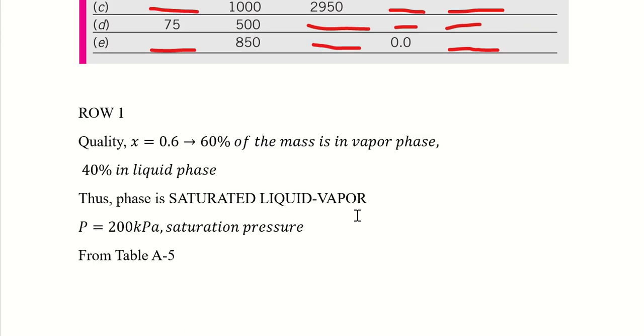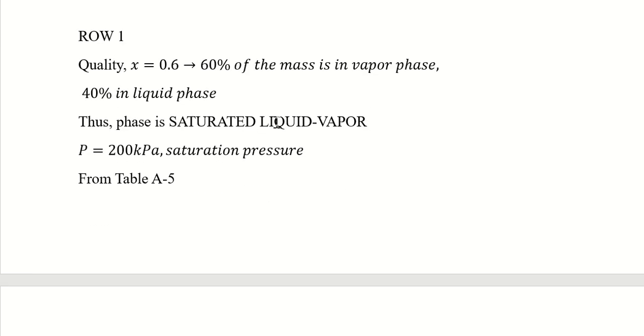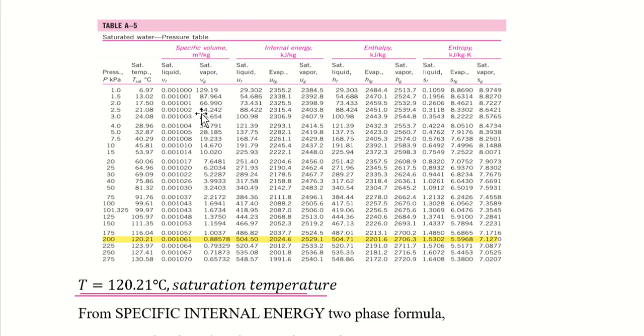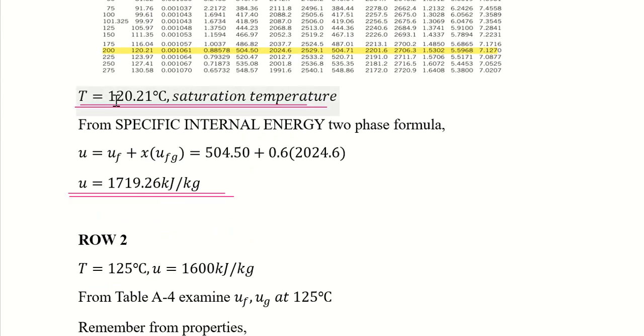Whenever you describe the phase here, saturated liquid-vapor, you could say saturated mixture or two-phase liquid-vapor mixture. That's the description for row one. And the temperature is 120.21 degrees Celsius.